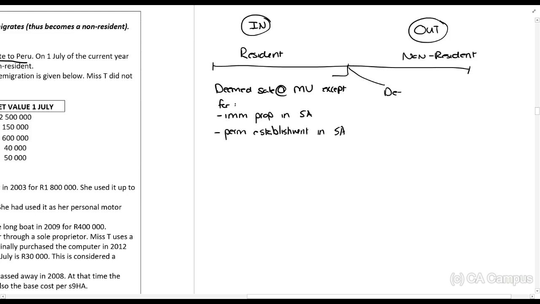And then as a non-resident, there's a deemed purchase at market value. And again, except for these two assets. Why? Because they are in the net as a resident and they are in the net as a non-resident. So there's no movement. Remember, we are only concerned with assets which move in and out of the net.